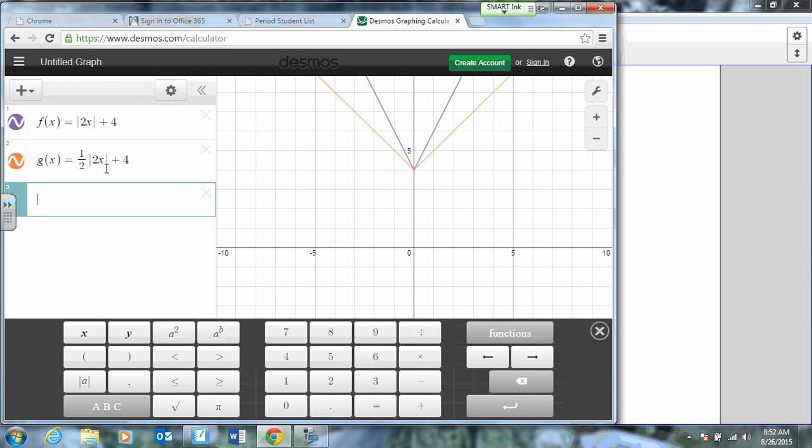And we're not sure. It could also be this plain old absolute value when we take 1/2 times 2 of x with our plus 4 at the end.